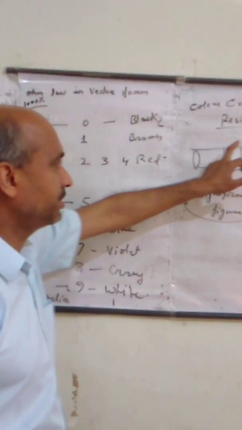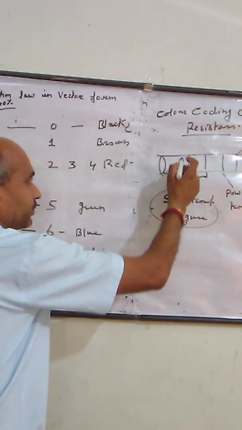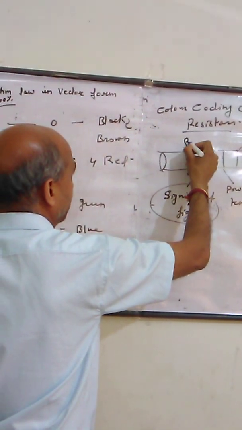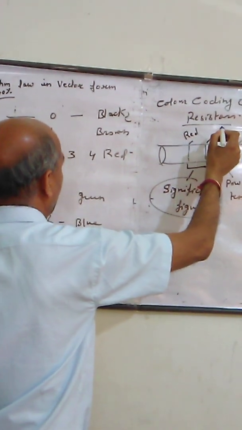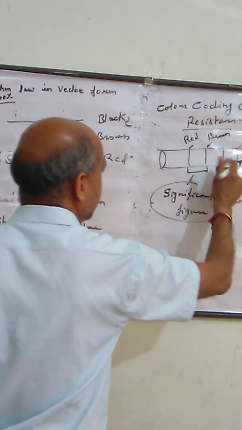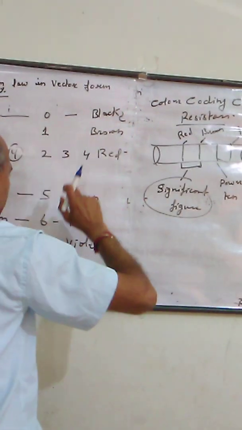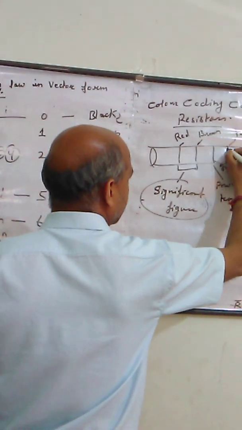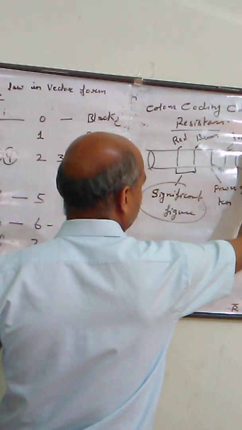Now see here the carbon resistor. Suppose the first band is of red color, the second is of brown color, the third is say green, and the fourth is say white.